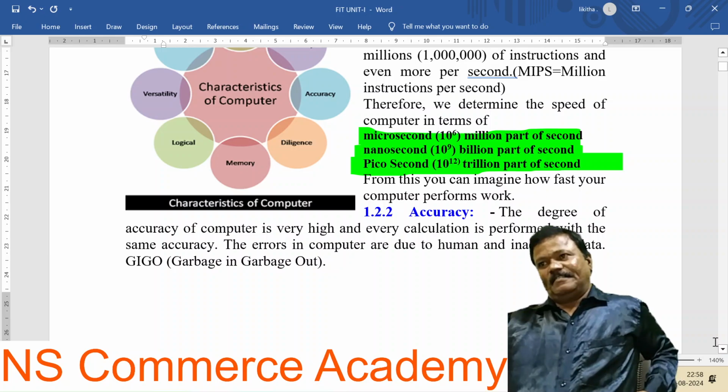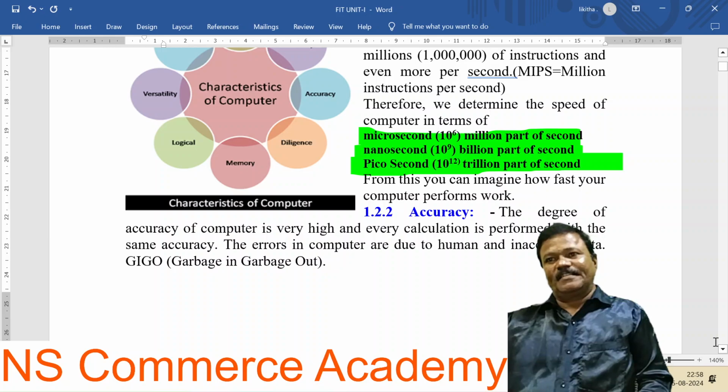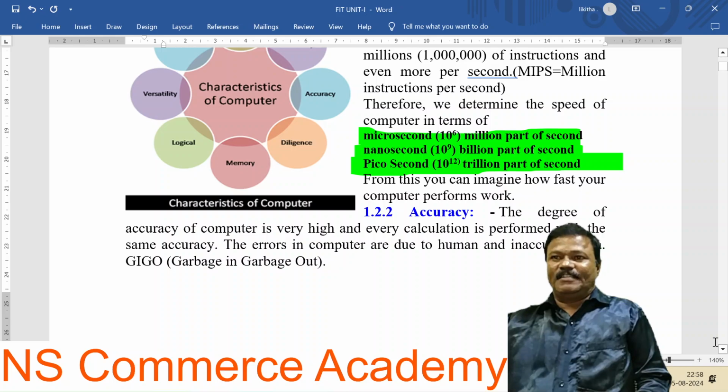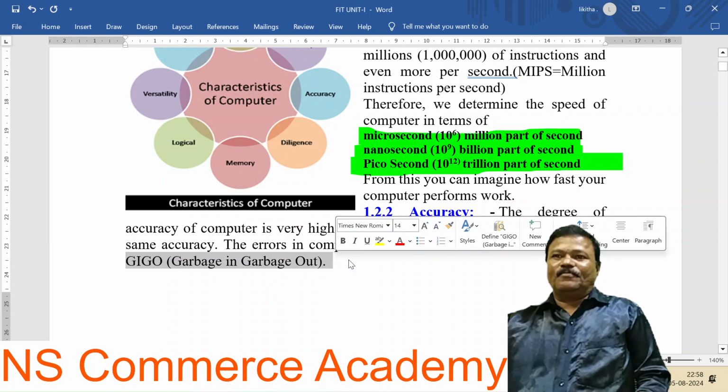Next one is the accuracy feature. The degree of accuracy of a computer is very high and every calculation is performed with the same accuracy. The errors which show up in computers are due to humans and inaccurate data only. The computer never makes mistakes because the computer works on the principle of GIGO.